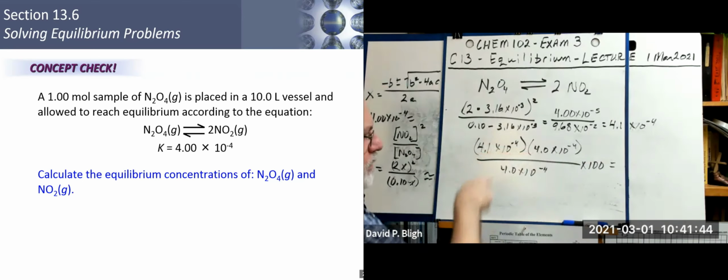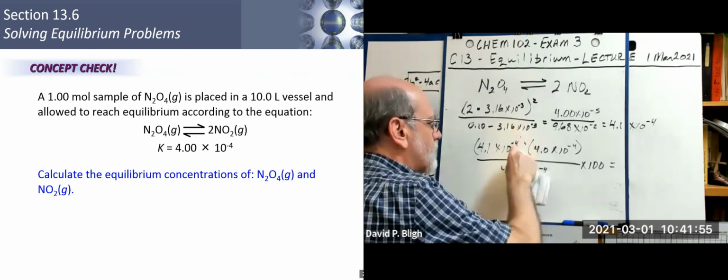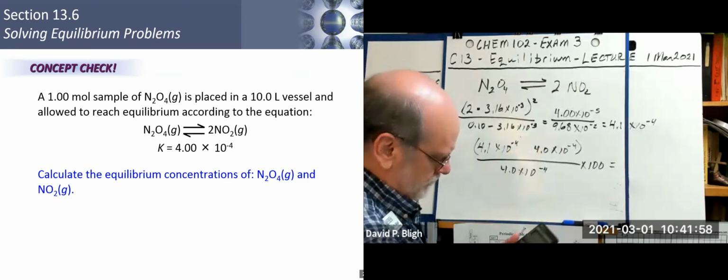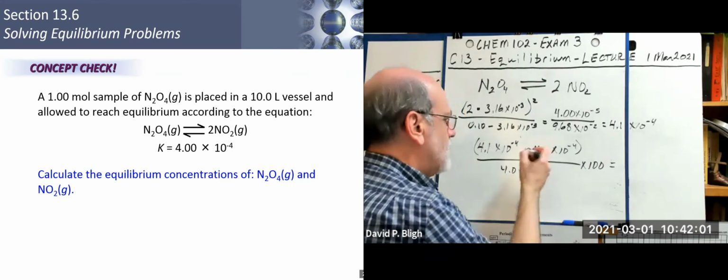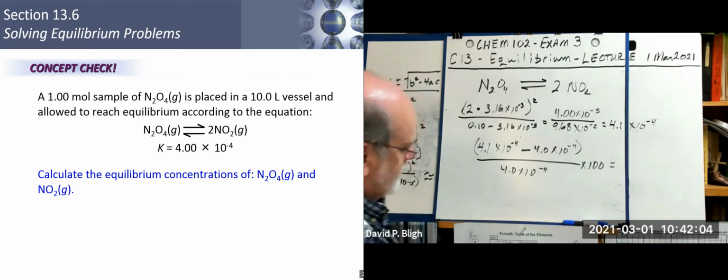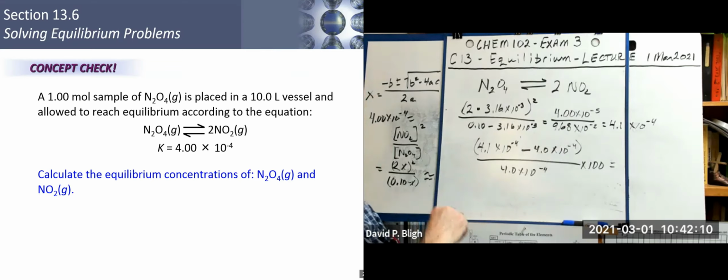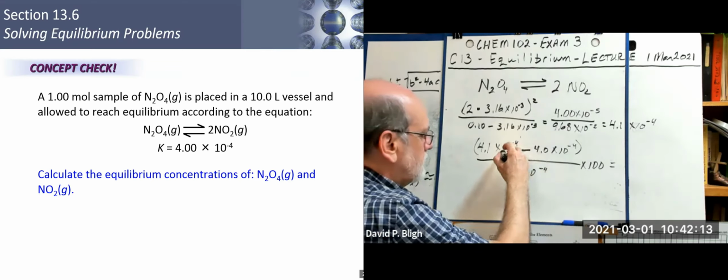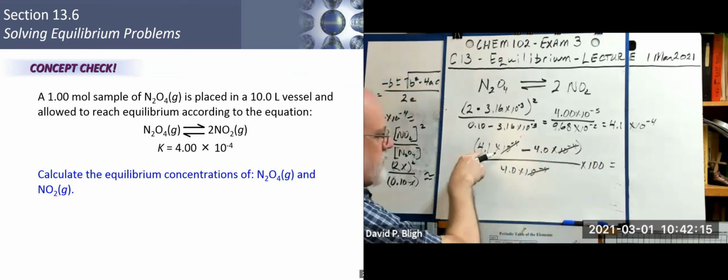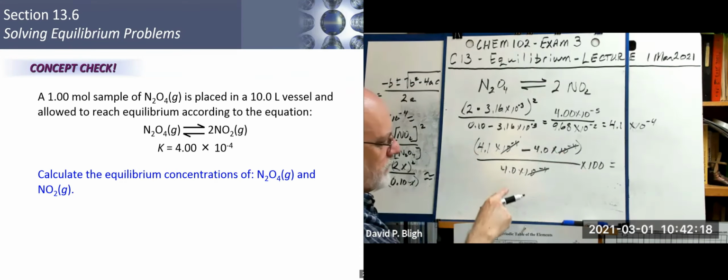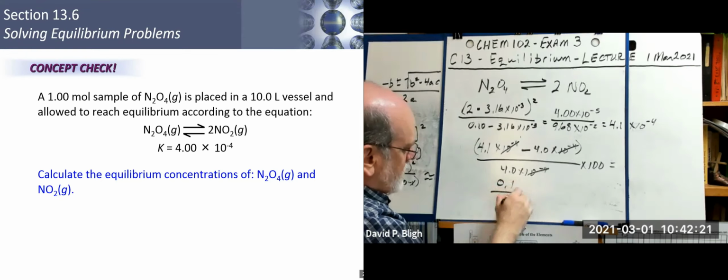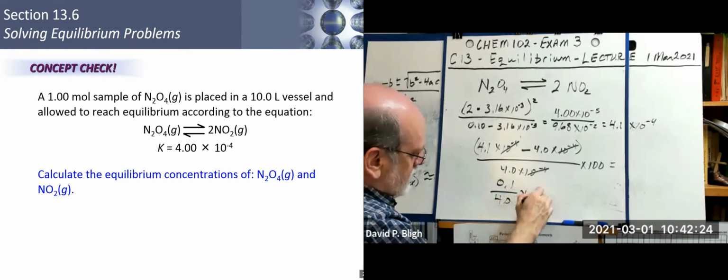So these are all 10 to the minus 4. This minus will give us a value 10 to the minus 4, and this value is 10 to the minus 4. 10 to the minus 4 is going to cancel. So we just say 4.1 minus 4 is 0.1 divided by 4 times 100.